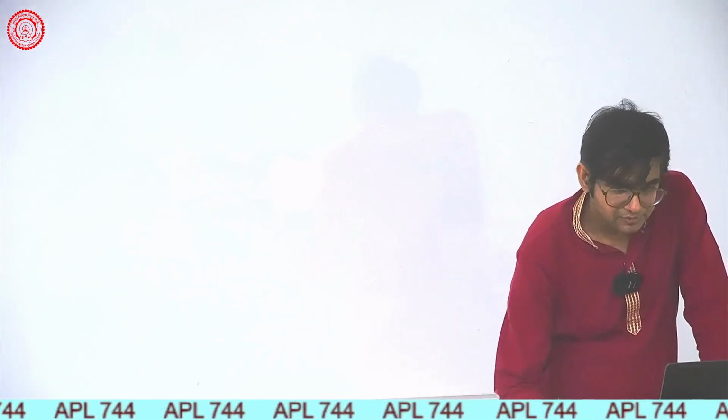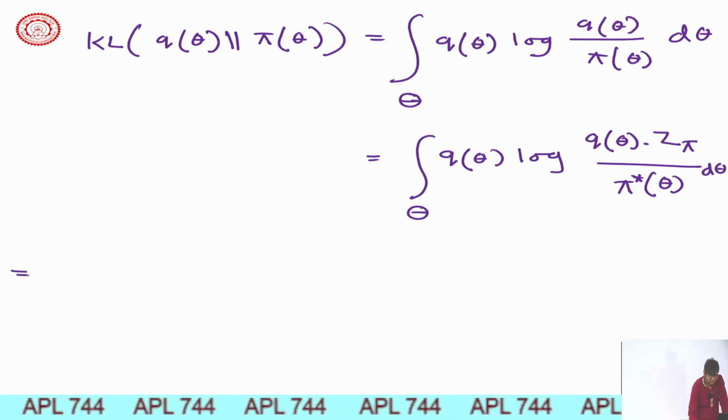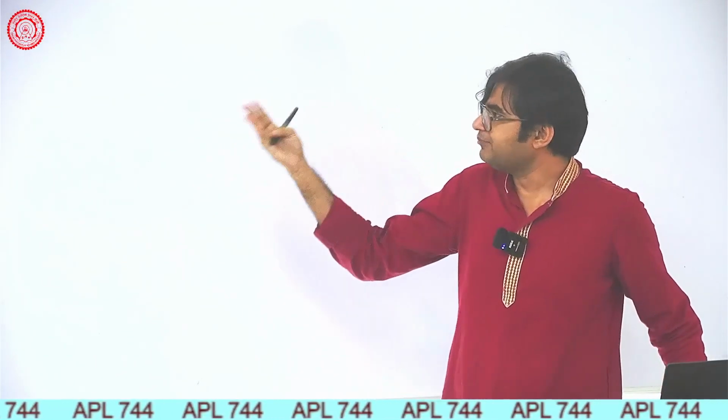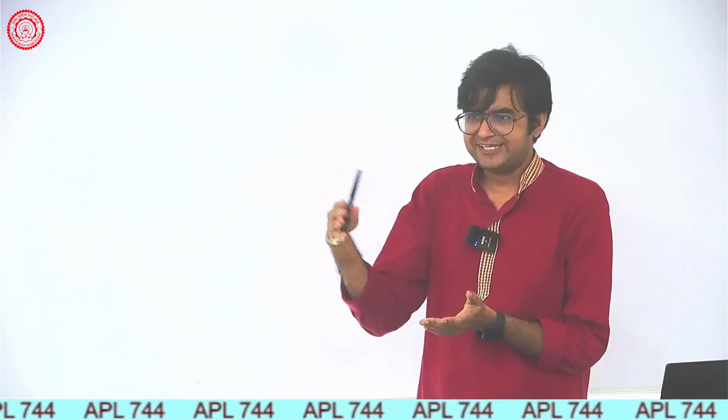Now, the problematic part is Z pi, right? So I am going to separate it out. I will have one term without Z pi and one term with Z pi. Obviously q theta I cannot eliminate, q theta will be there.